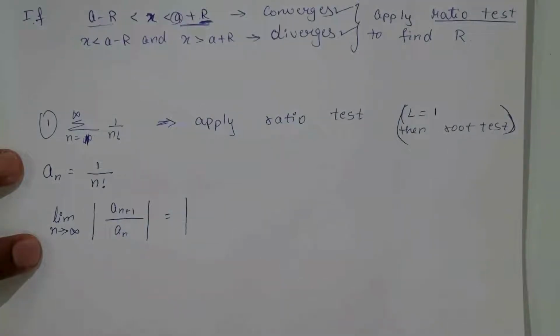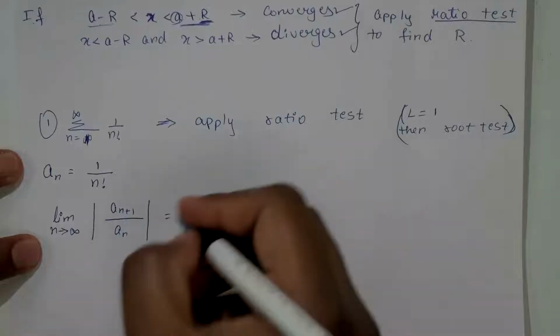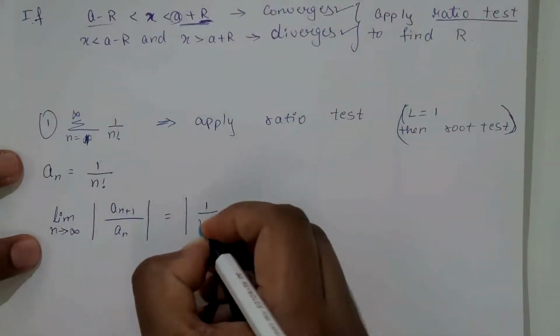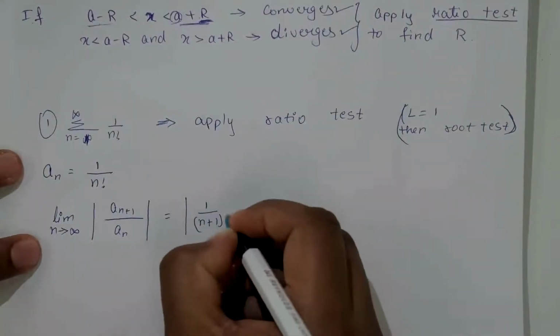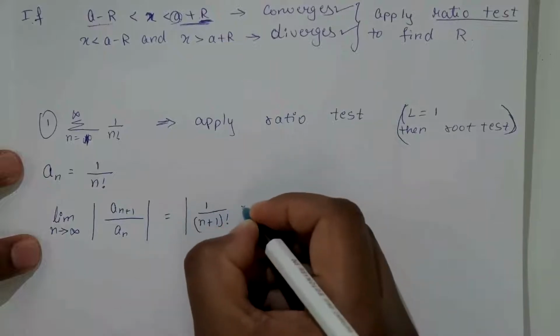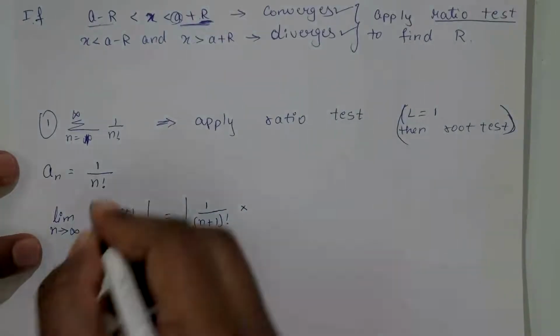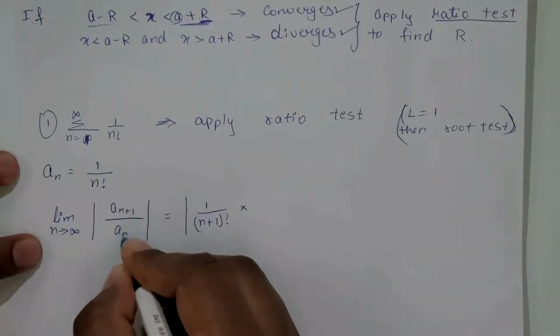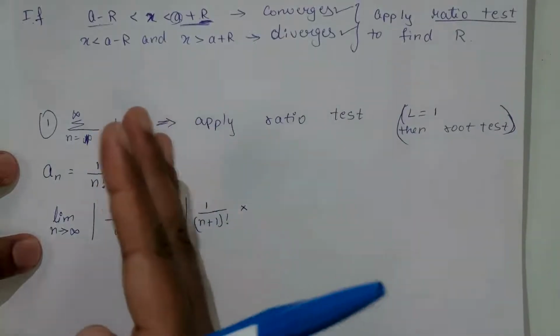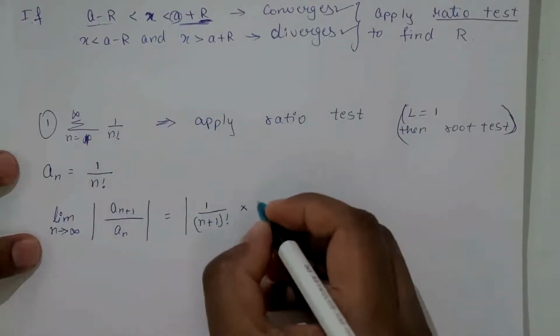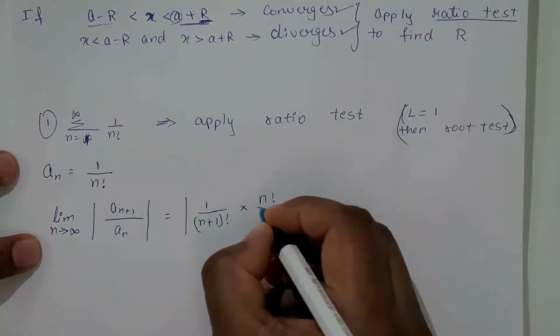Now, when I say an plus 1, that means you are just replacing the n with n plus 1, right? So 1 divided by n plus 1, the whole factorial, multiplied with an. Since an is in the denominator, if you cross multiply that, then that becomes a reciprocal.